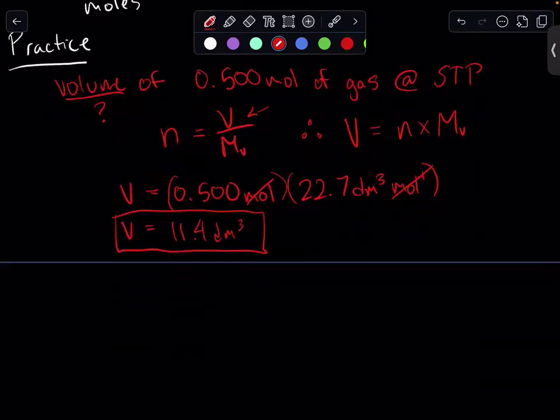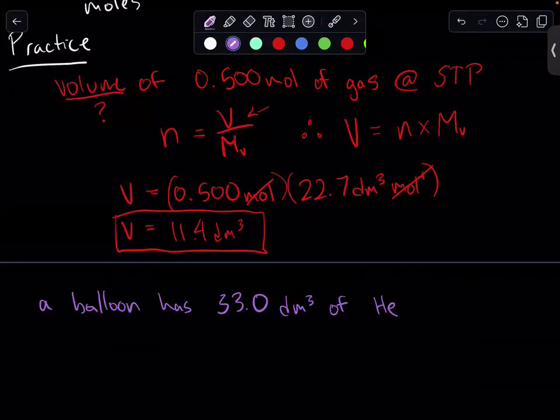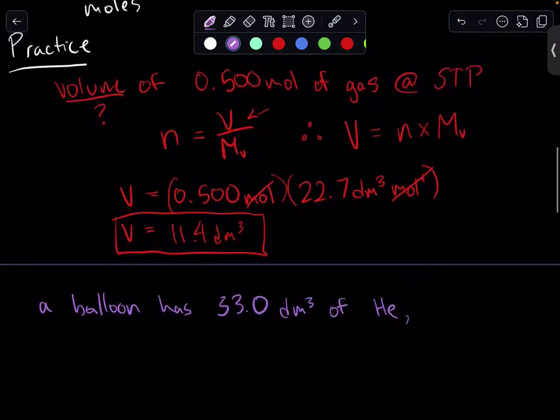We can do another practice. So when we say a balloon has 33.0 decimeters cubed of volume, let's say helium, which we know acts very much like an ideal gas, we can say how many moles?